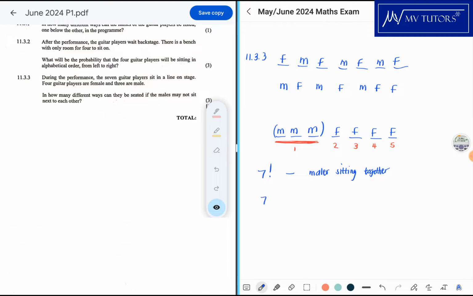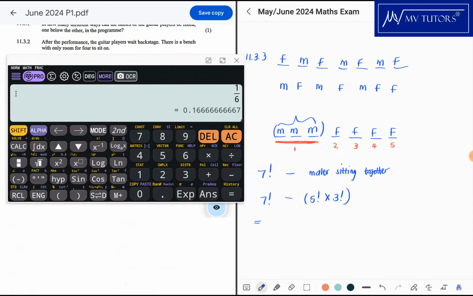So males sitting next to each other is 5 factorial multiplied by the arrangement inside here. The males can also sit anyhow, so it's going to be multiplied by 3 factorial. And when we work that out, we have 7 factorial minus 5 factorial times 3 factorial. Okay, and we get an answer of 4,320.